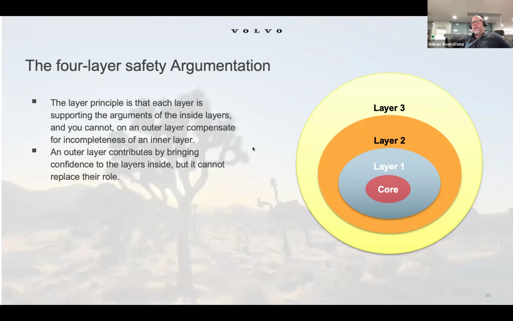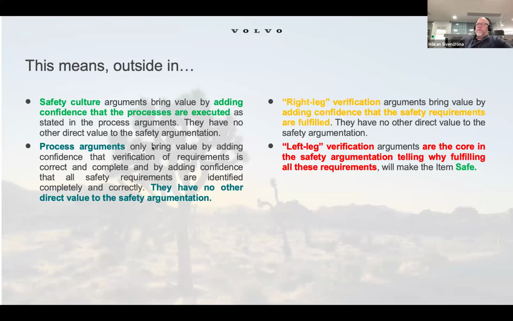The 4-layer safety argumentation means that each layer is supporting the arguments of the inside layers. So if I have a safety culture and competencies, that supports that I'm using good processes and tools, that I have been verifying, and that the breakdown was correct. So it's not that if you have failed something here, you can never rescue it by other layers. That's the point. Safety culture argument brings value by adding confidence to the processes, that these are executed, right?